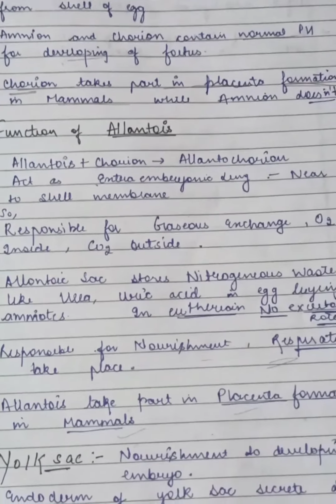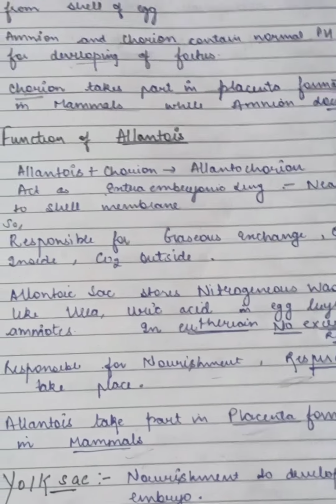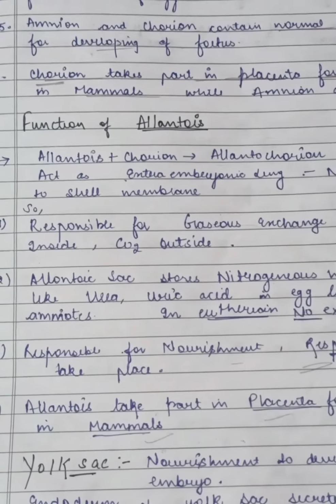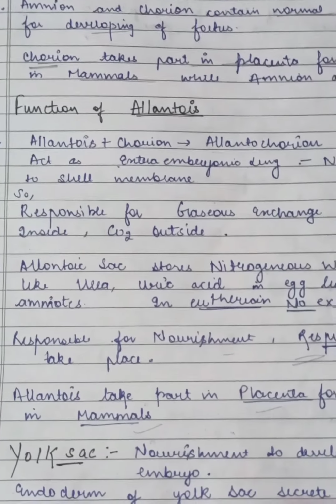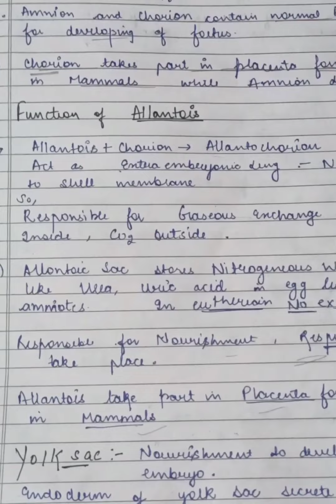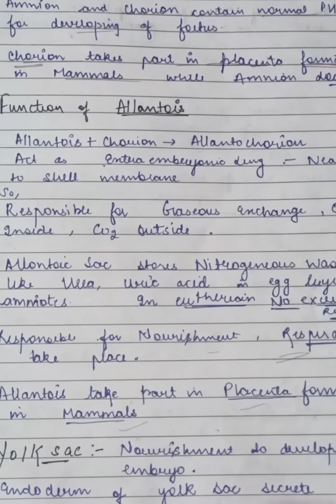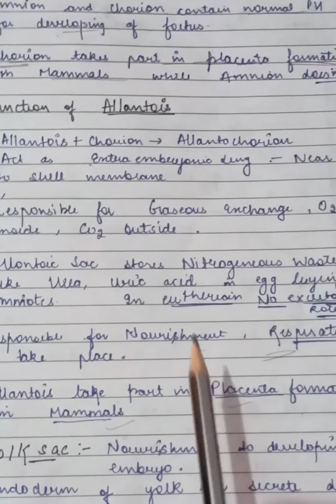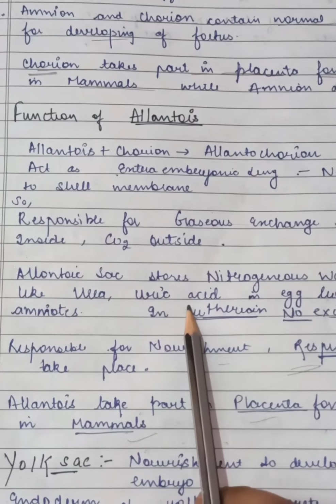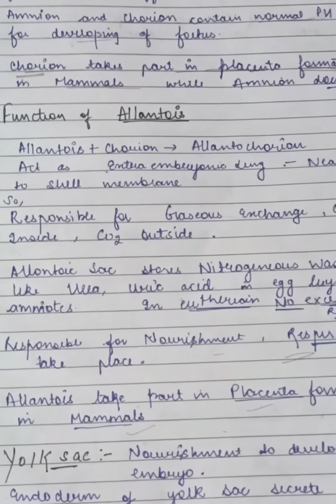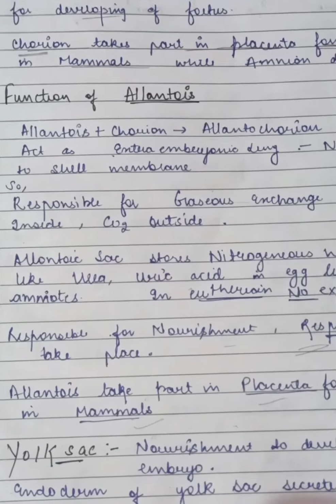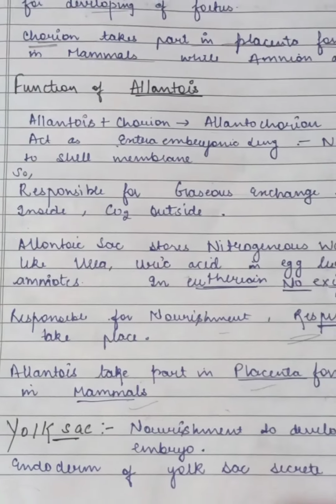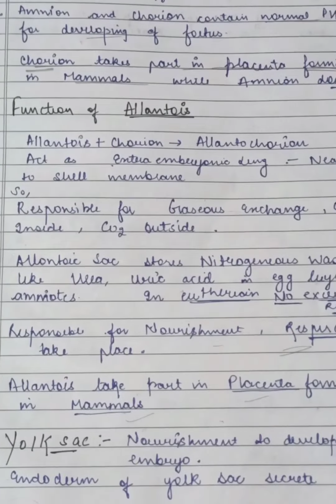Function of allantois: allantois plus chorion forms the allantochorion, and it acts as an extraembryonic lung responsible for gaseous exchange. Allantoic sacs store nitrogenous waste like uric acid. It is important that in egg-laying amniotes, the sac that stores nitrogenous waste is the allantoic sac. It provides nourishment, and it also takes part in placenta formation in mammals.